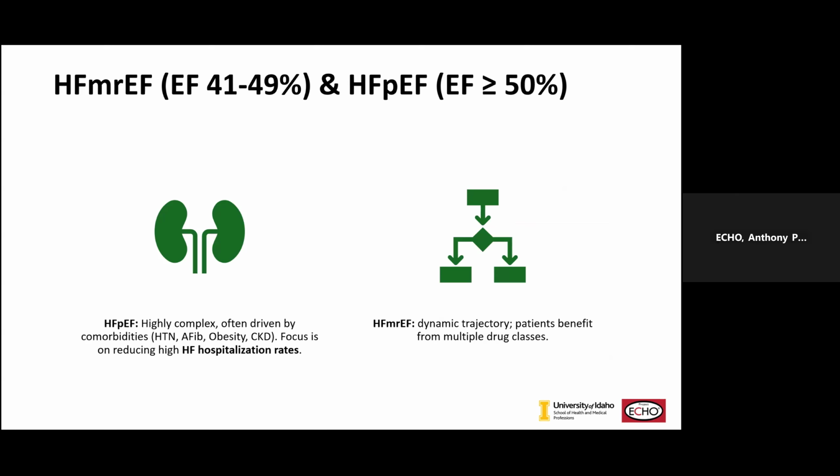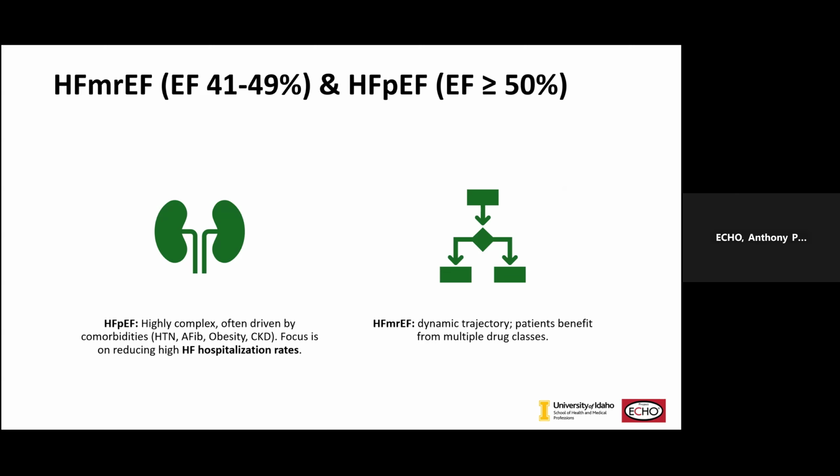So then we can move on. That established HFrEF. For HFpEF, it's like, yes, we want to use MRAs, we want to use SGLT2s in these. But what happens when heart failure is not quite down into that reduced ejection fraction, or we could be in moderately reduced, or we could be in preserved? So we see with HFpEF, it's really highly complex, often driven by comorbidities.